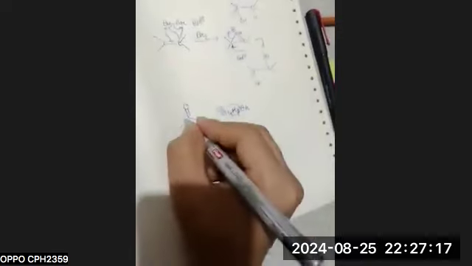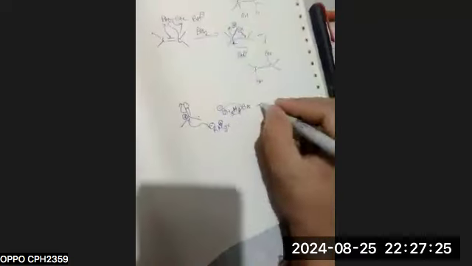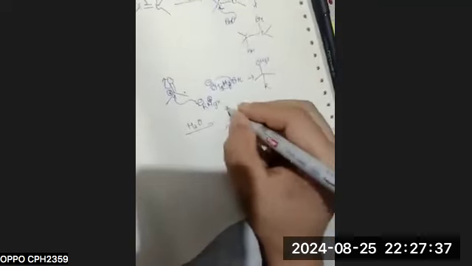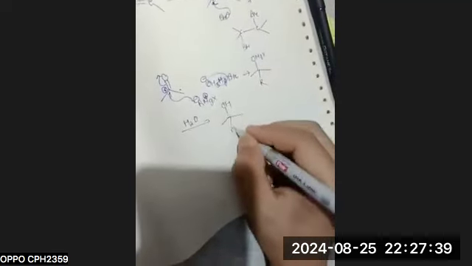So the alkyl group can attack this electrophilic carbon center, and this will form OMgX, and here the alkyl group is attached. After that, due to hydrolysis, the OH group forms. This earlier part was electrophilic addition reaction, and this part is nucleophilic addition reaction. Yes sir, this can act as nucleophilic addition reaction.